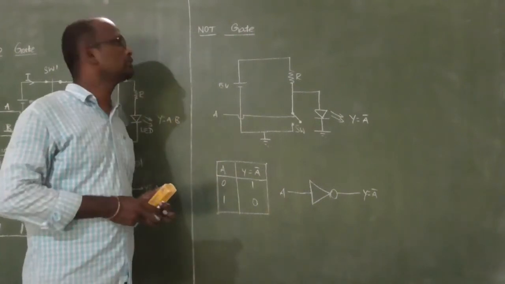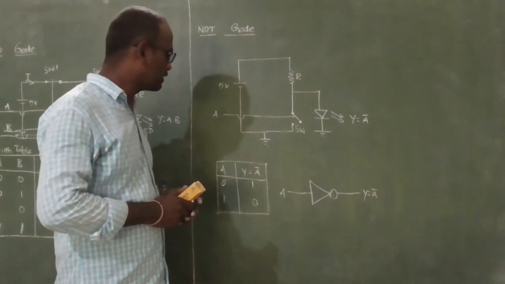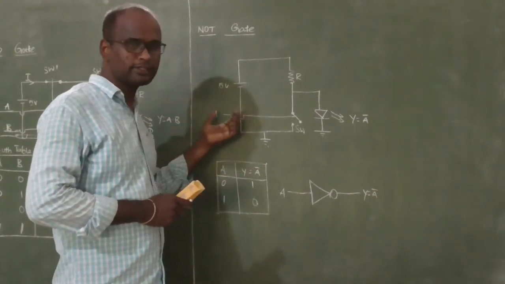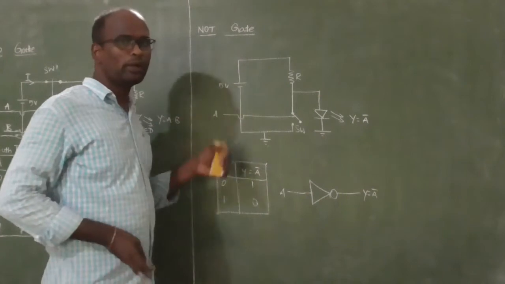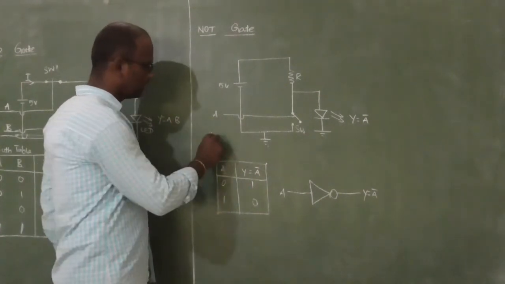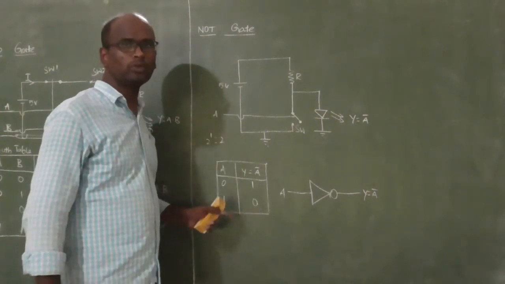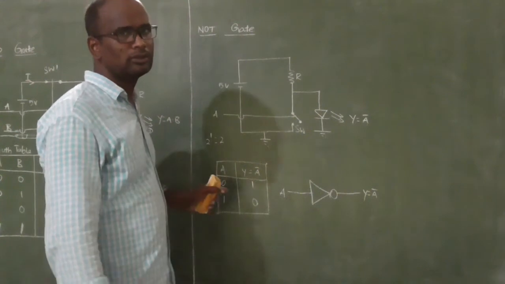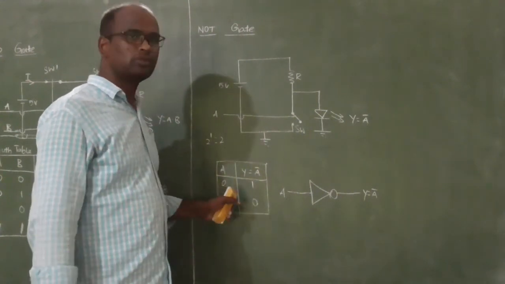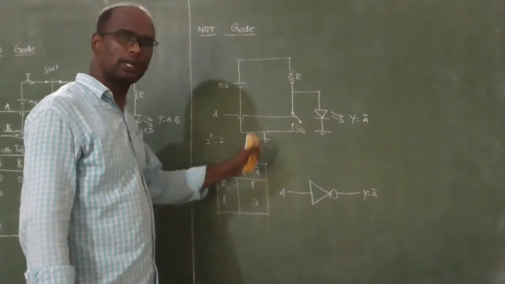So the NOT gate logic truth table is simple. Since it consists of only one input, the combination of inputs is 2 power 1 is equal to 2. That is, only 2 inputs we are applying here. For those 2 inputs we are getting the negative logic at the output.